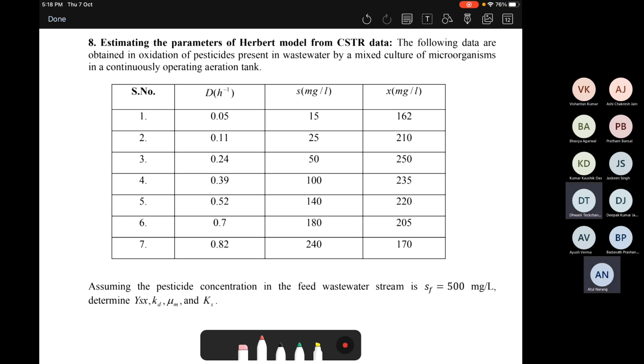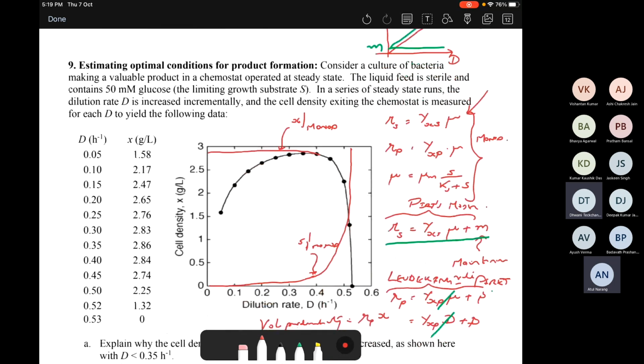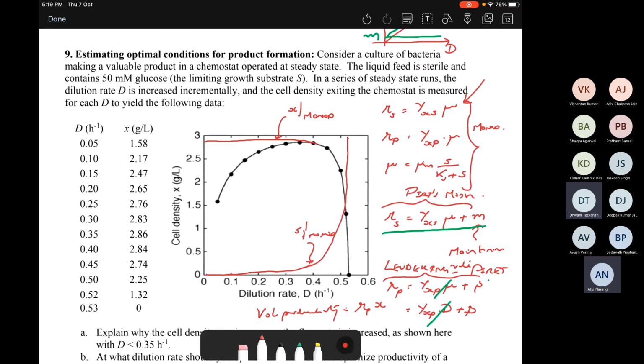So we could also use the Herbert model in the ninth question to explain the dip in X, right? Actually, the right explanation would not be in terms of a mathematical model. There's a simple physical argument here: the substrate is being consumed.